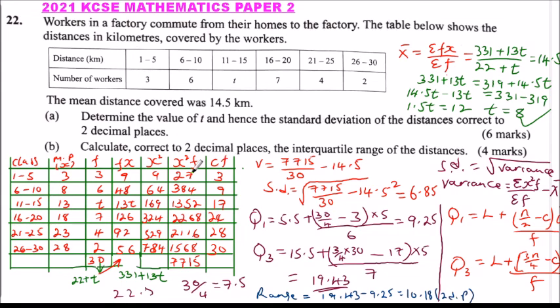So that's how you work that out. The space was challenging, that is why I have left you to complete this, but if you work it out, you should be able to get 9.25 and the other one is 19.43. So that's how you do that question, and you get yourself 10 marks.